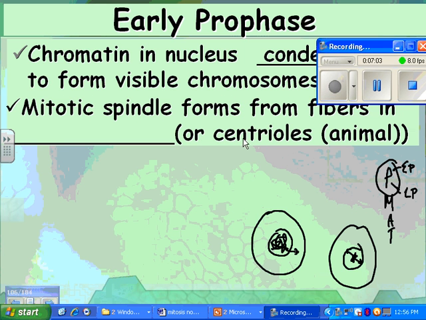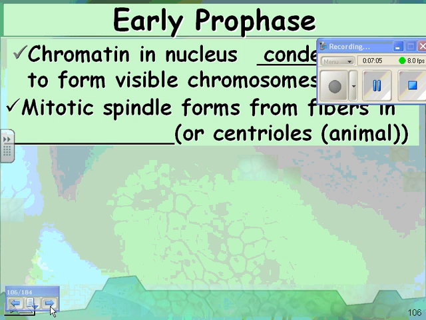The mitotic spindle forms from fibers in the cytoskeleton. They form from, or are organized from, centrioles in an animal cell. Plant cells have a different way to organize their cytoskeleton, but for us, you can learn about centrioles. Remember the cytoskeleton from our cell unit that has a bunch of microtubules, microfilaments, all that stuff.